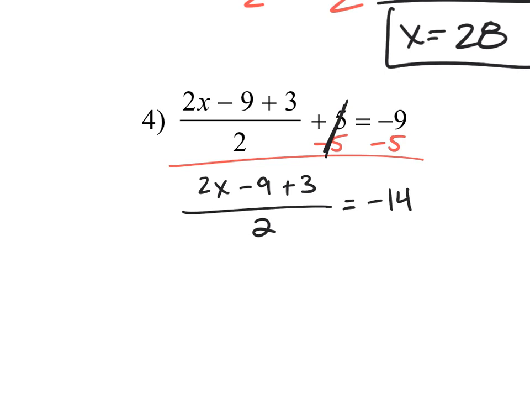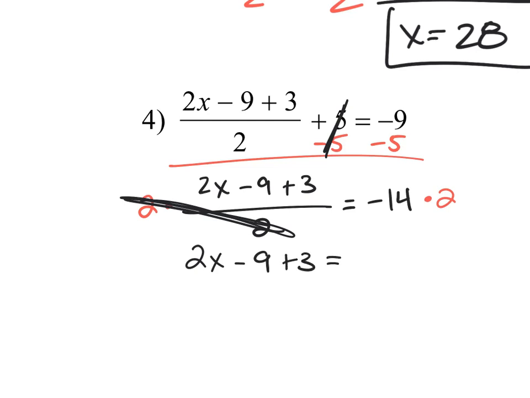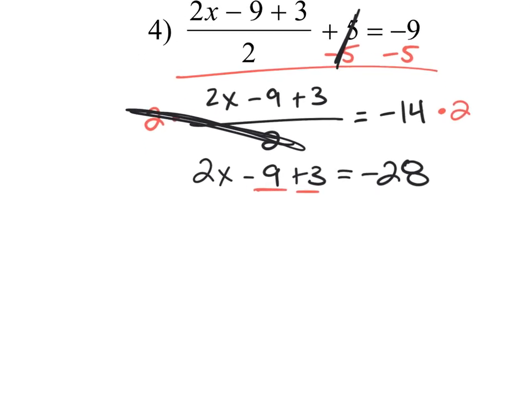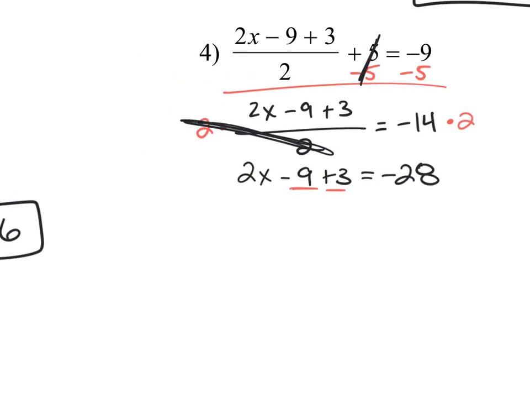To undo dividing by 2, you need to multiply by 2. That cancels out. 2x minus 9 plus 3 equals negative 28. We're not ready yet. We got to combine those things. So we end up with 2x minus 6 equals negative 28.